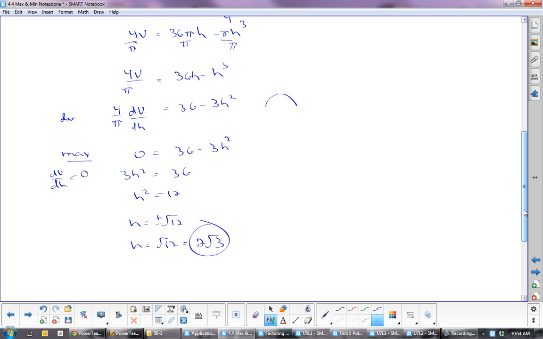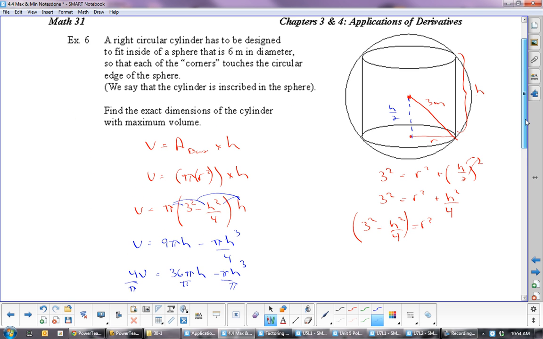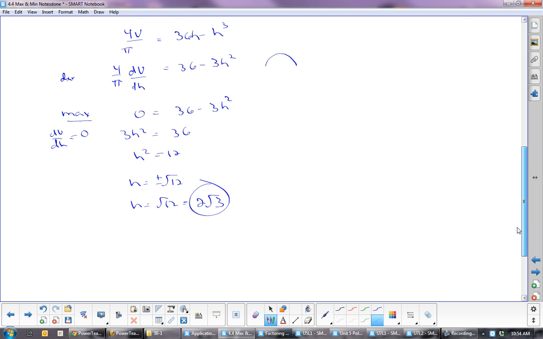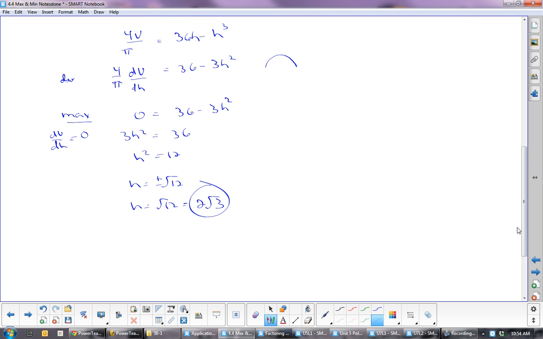Now this one didn't even ask for maximum volume. It says find the exact dimensions of the cylinder with maximum volume. So then I could just put this into my formula, because I know h now. I know how h and r are related. I know that r squared equals 9 minus h squared over 4.